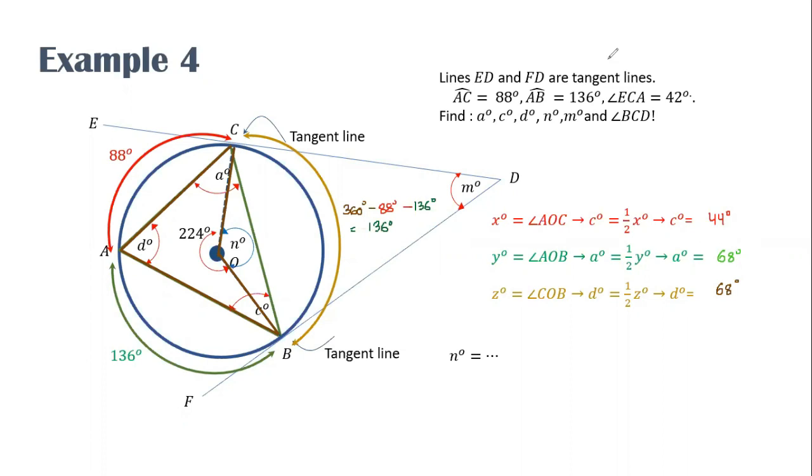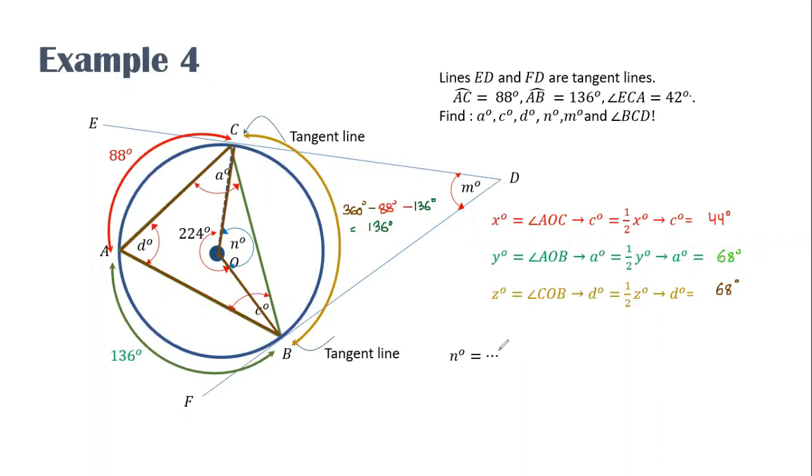Very easy, right? Okay, what about n degrees? Yes, n degrees and 224 degrees add up to 360 degrees because of one rotation, right?